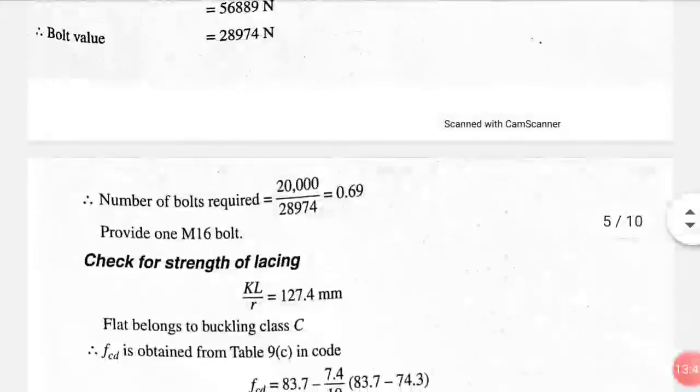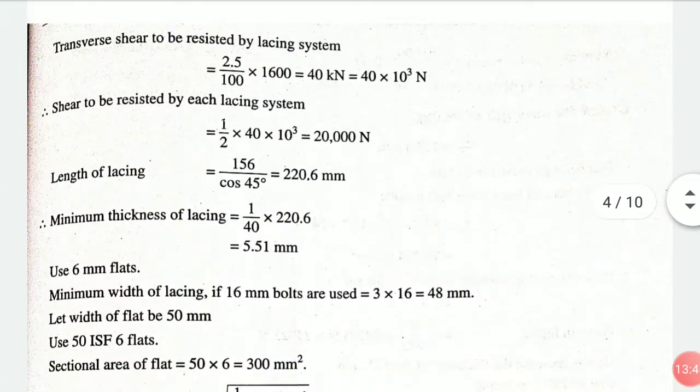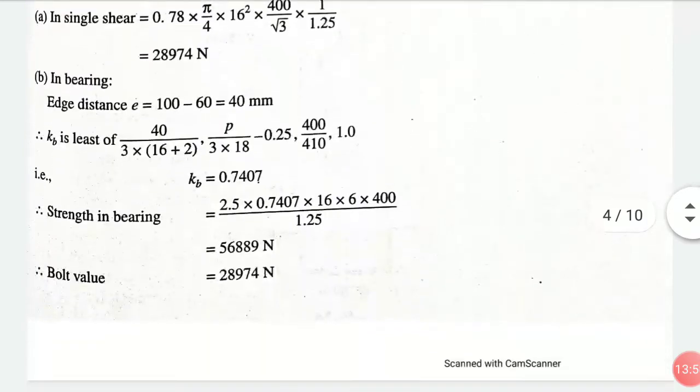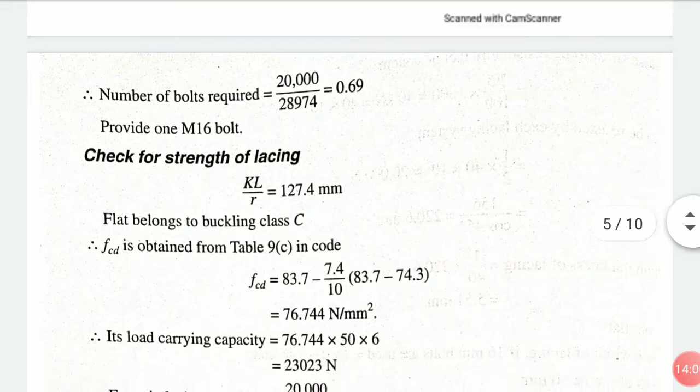So the number of bolts required to carry 20 kilonewton: the shear to be resisted by each lacing is 20 kilonewton. So the number of bolts required is 0.69. So provide one bolt at the end of every lacing.